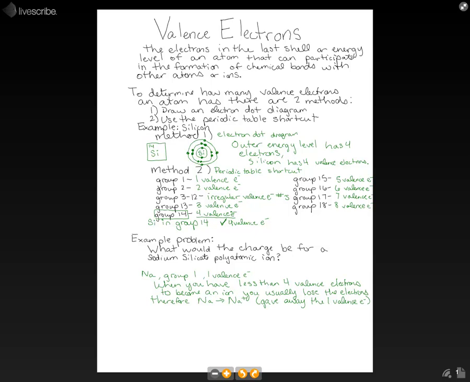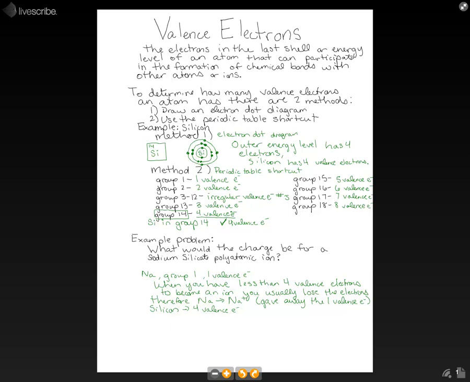Now we're going to look at silicate, which just means silicon. Like we said a second ago, silicon has 4 valence electrons.